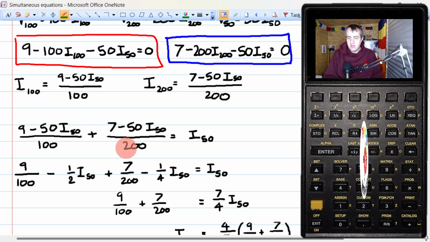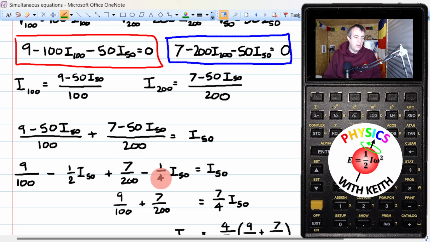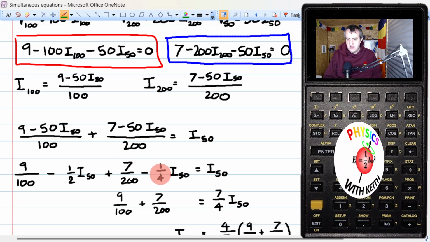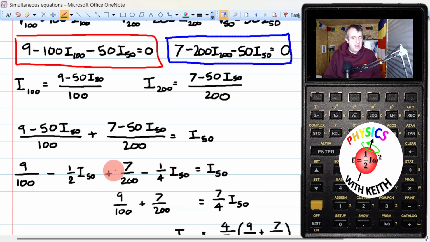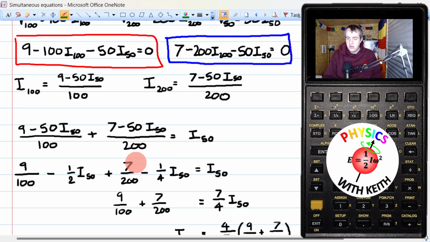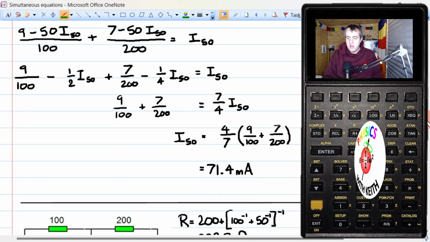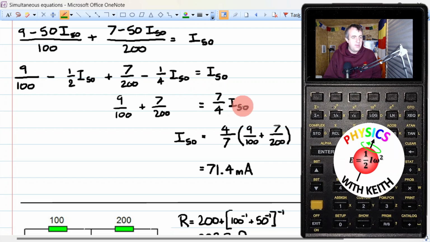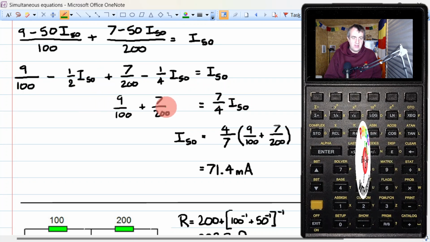Plus 7 divided by 200, subtract 50 divided by 200. Well, 50 divided by 200 is just a quarter, so I just changed that. Then I added a half I50 and a quarter I50 to both sides of the equation, and ended up with 7 quarters of I50 here on the right hand side, and just these fractions on the left hand side.